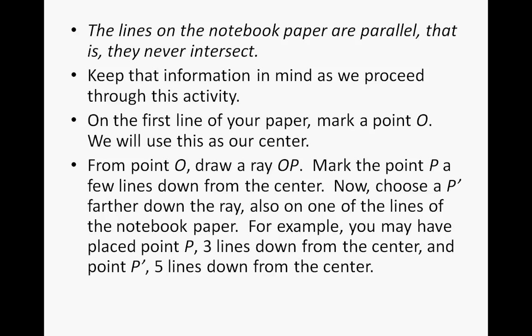Draw the ray OP, mark the point P a few lines down the center, and then choose another point P prime farther down the ray, also on one of the lines of the notebook paper. For example, you may have placed point P 3 lines down from the center, and point P prime 5 lines down. The example will continue to use 3 lines and 5 lines, but you can pick any lines you want, like 2 and 4, or 4 and 6, or 1 and 5. It's completely up to you.